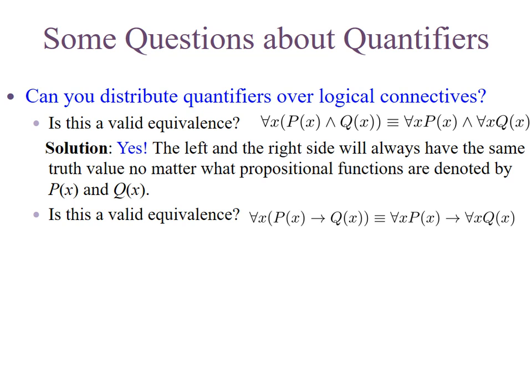And I will invite someone to draw the Venn diagram for us. So if you consider P of x is one particular property of x, and Q of x is another property.